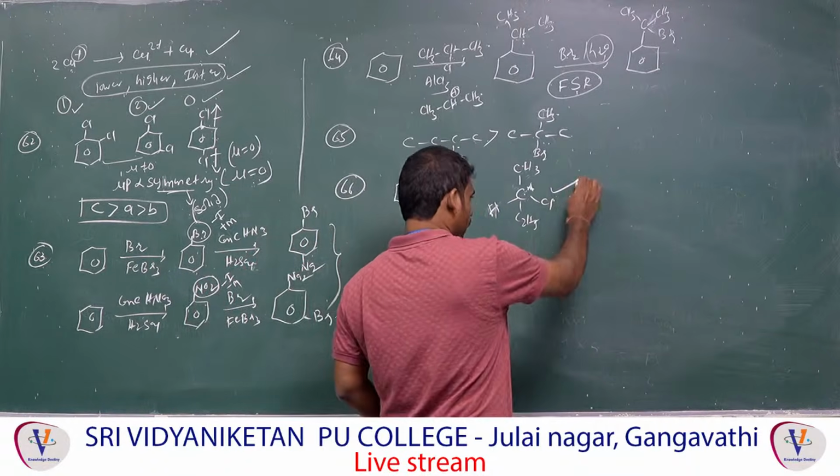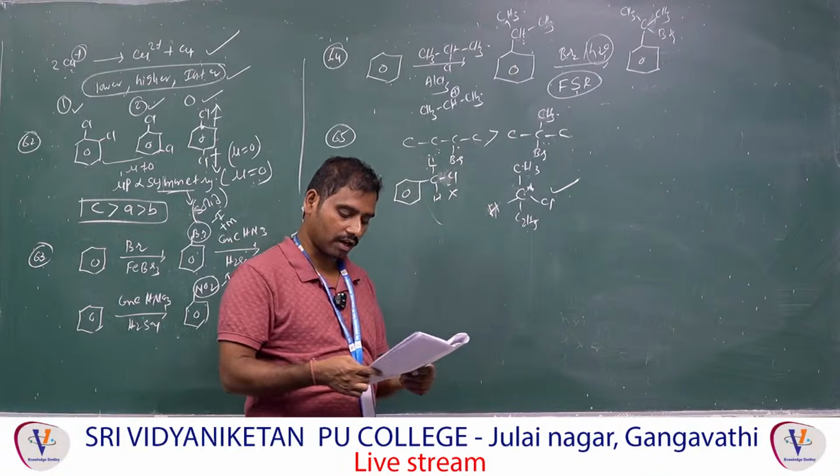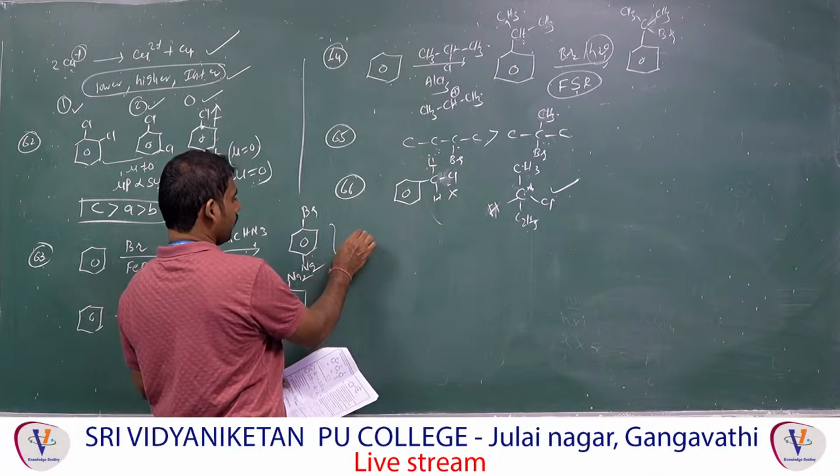So that's the answer. Racemization requires a chiral carbon. Next one. 67.